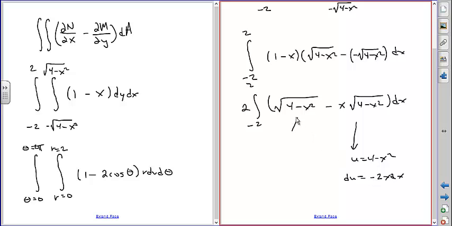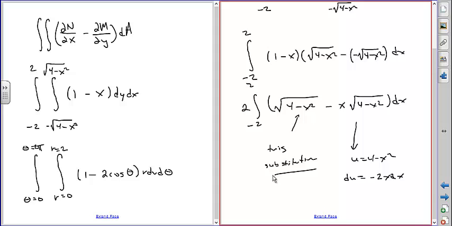Now here, what do you think we do? Yeah, trig substitution. Or you look it up in a trig table. Trig substitution. So that sounds like a good thing for you guys to do. Why don't you solve that equation?